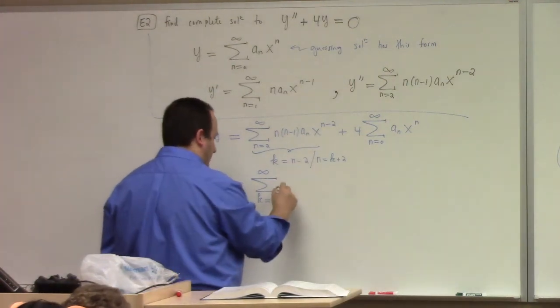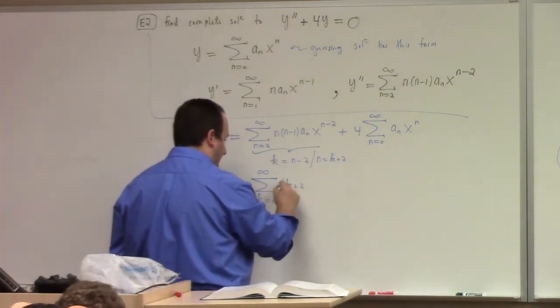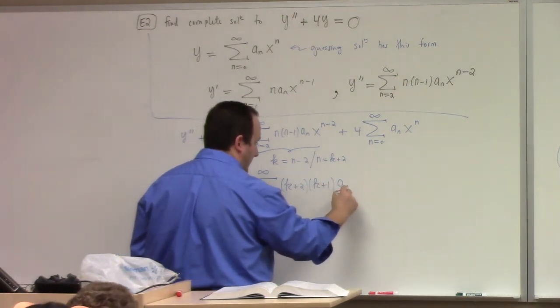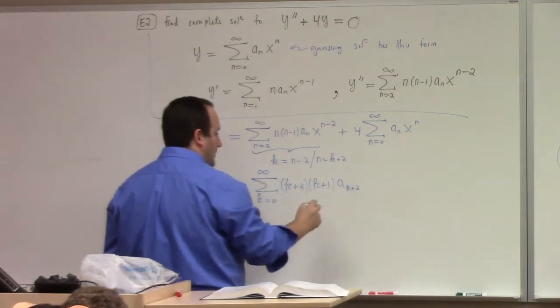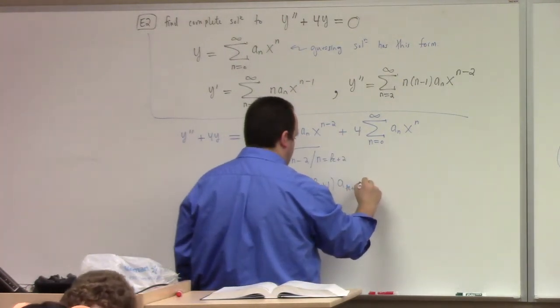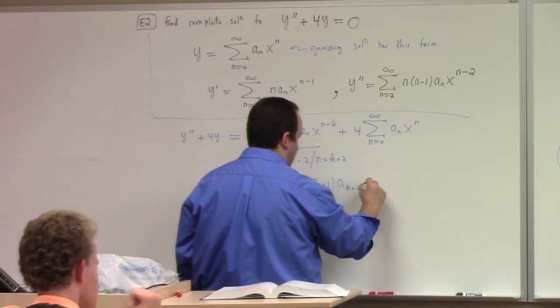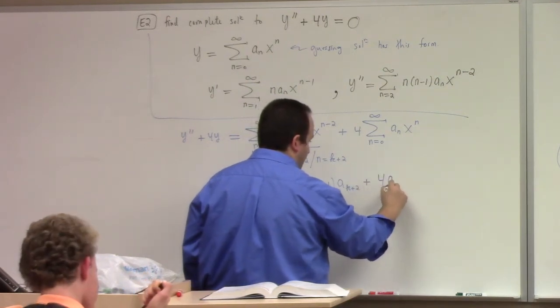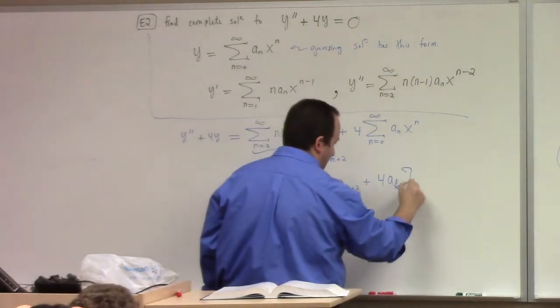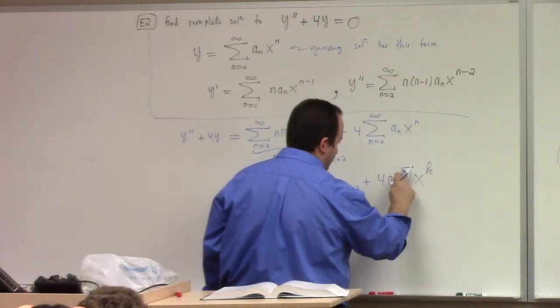So that gives me k plus 2 times k plus 1 times a sub k plus 2, x to the power k, plus 4 a sub k, all times x to the k.